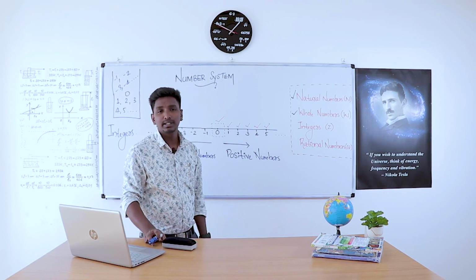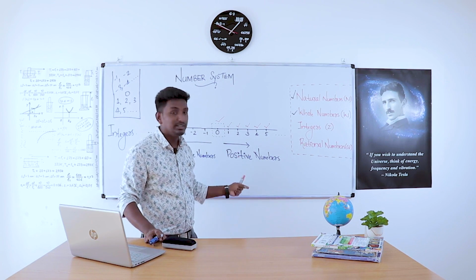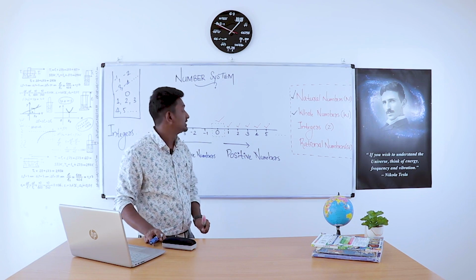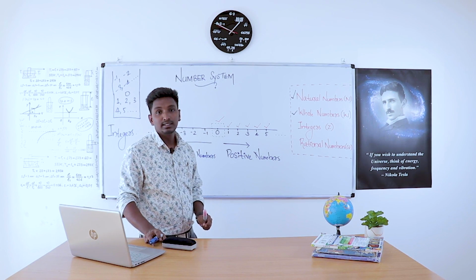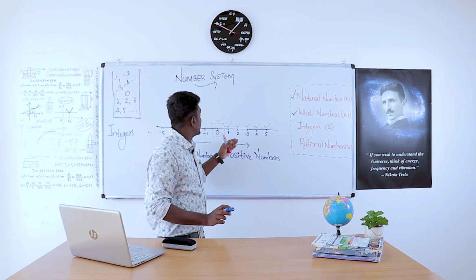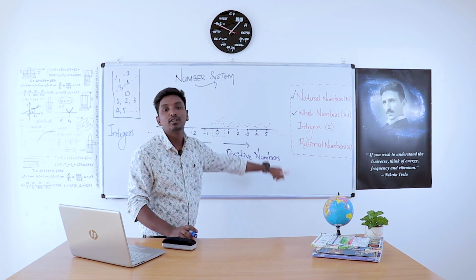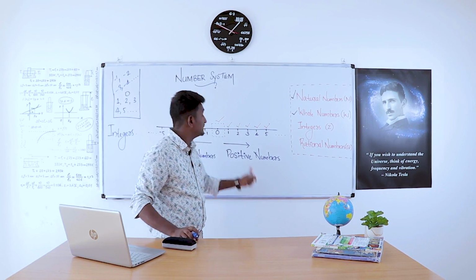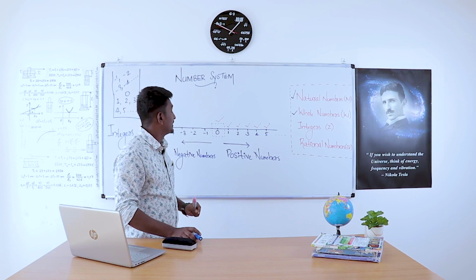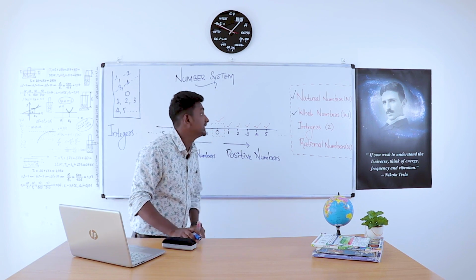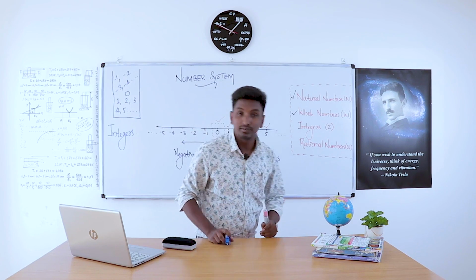The positive numbers can also be called positive integers. If you see positive integers in a textbook or in your question paper, then the positive integers 1, 2, 3, 4, 5, etc. are the same as the natural numbers.